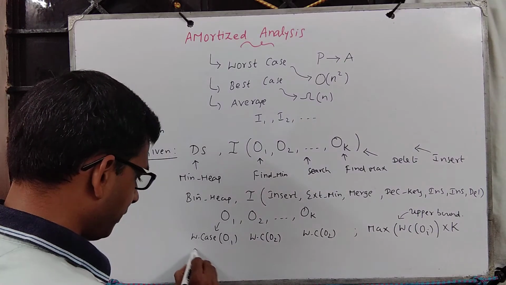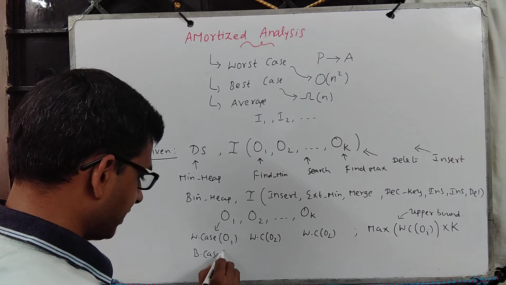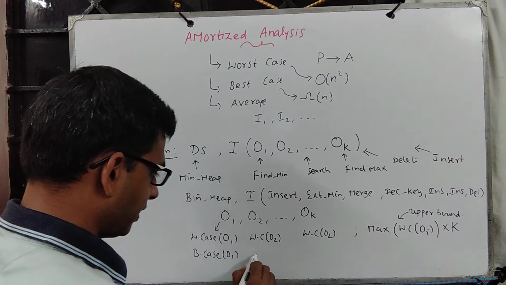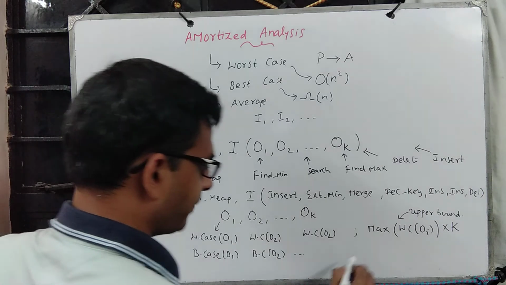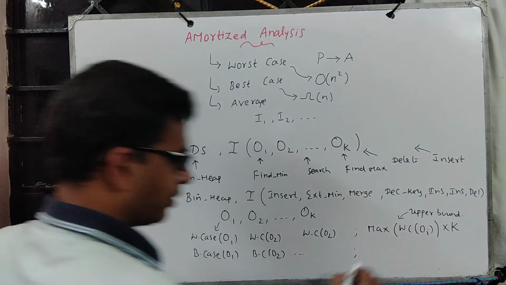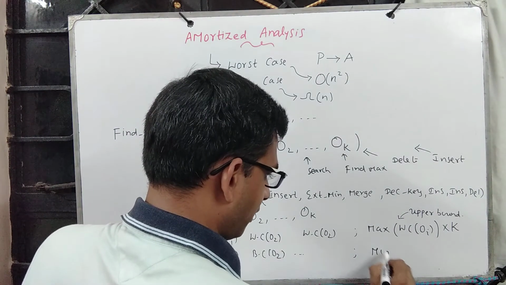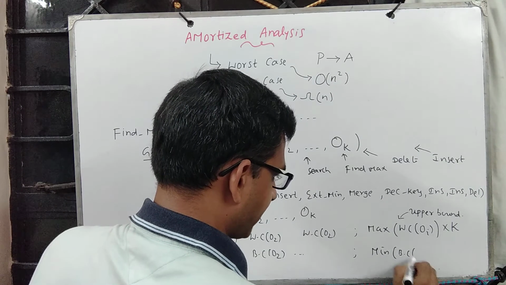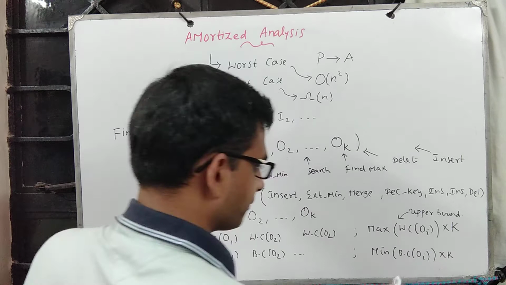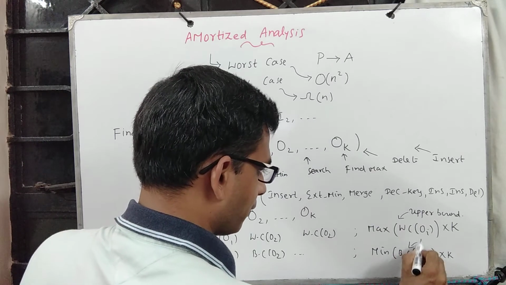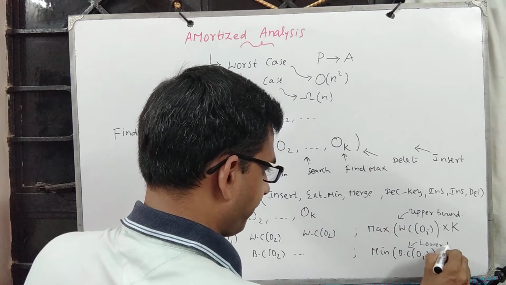On the similar line, you can take the best case of O1 and the best case of O2 and so on. Now we take min of best case of Oi, that into k. This will give you the lower bound.